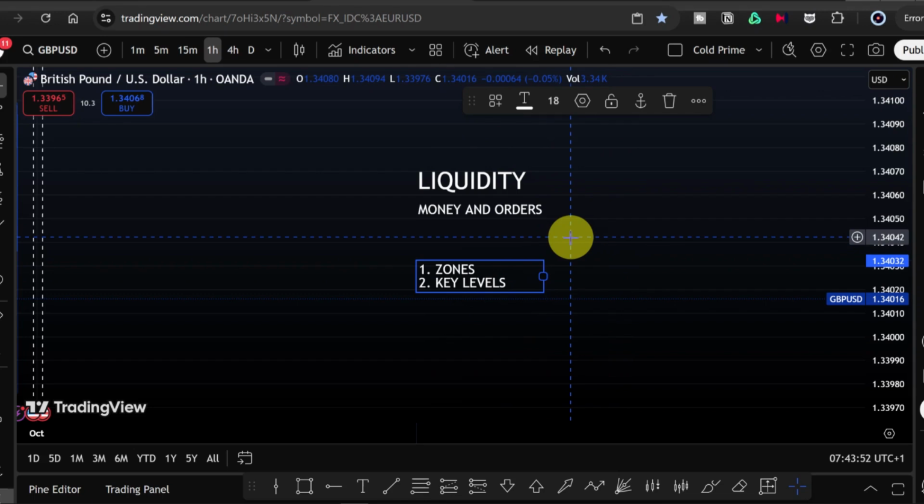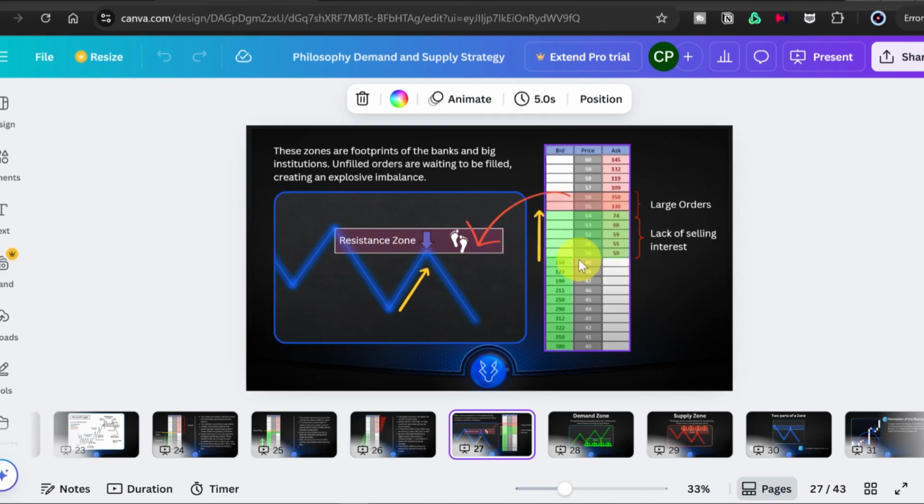Now, this liquidity or these orders or value moves from supply and demand, buyers and sellers. Okay, so I have a course where I was teaching my students here. This is called order book, right? Or order flow, whatever you want to call it.